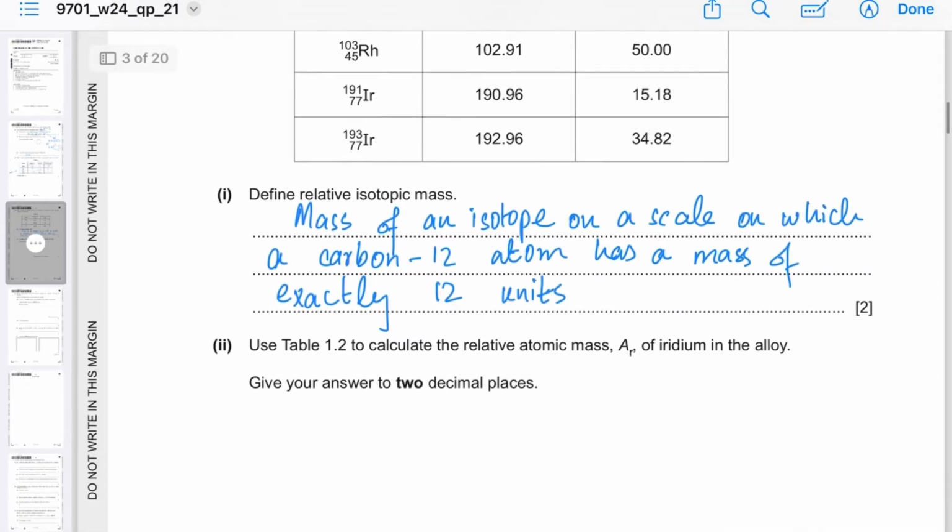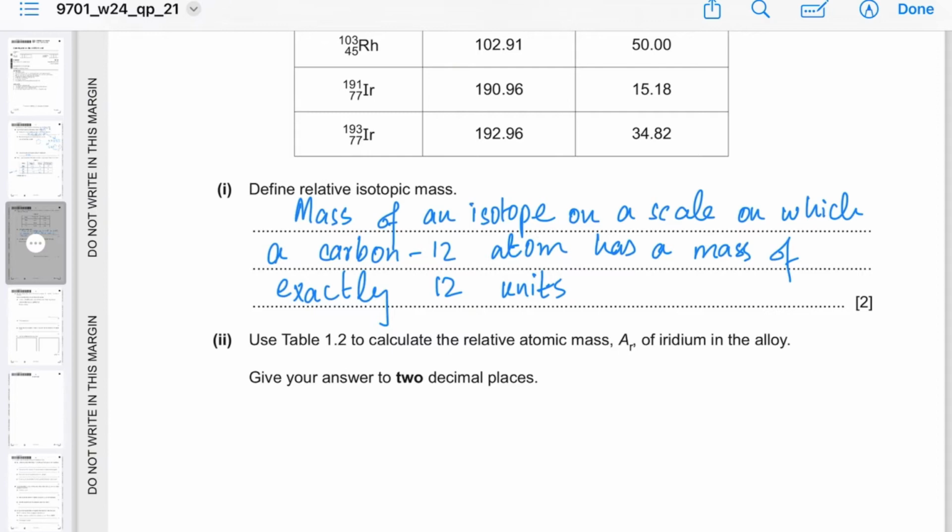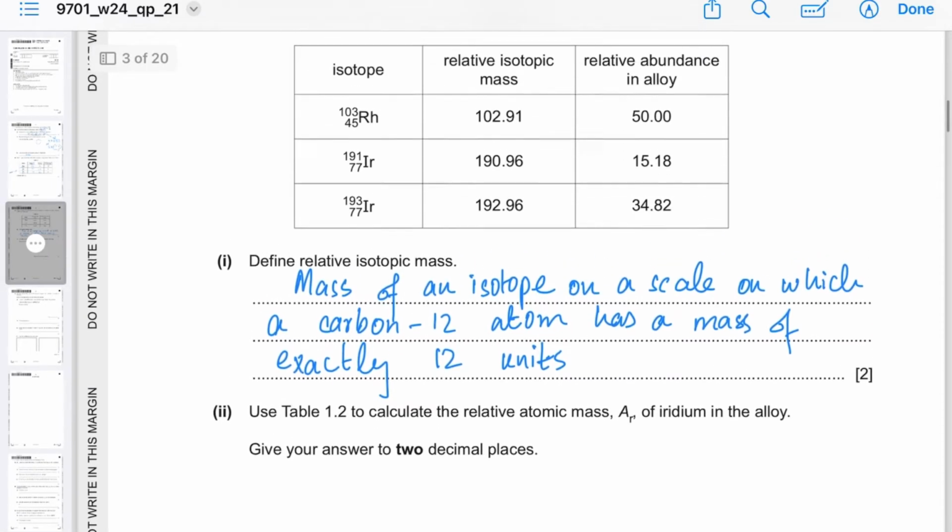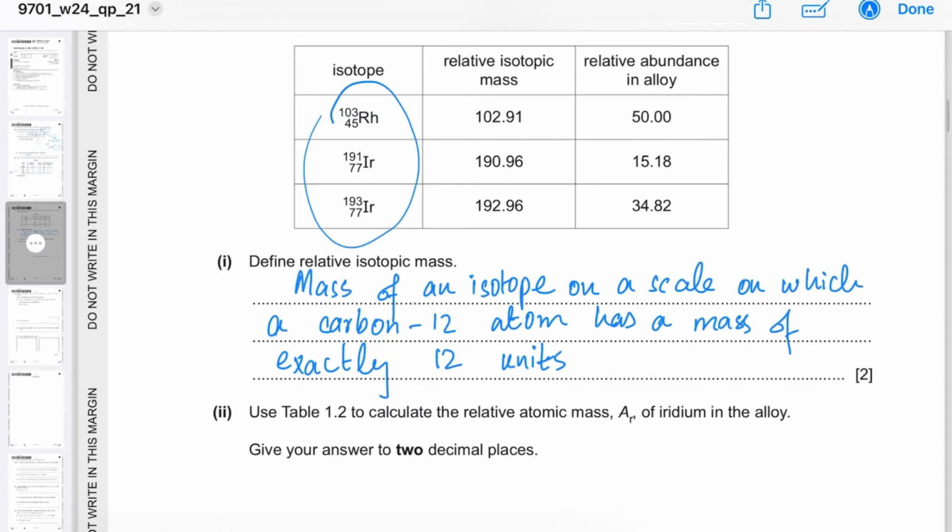Part 2. Use table 1.2 to calculate the relative atomic mass of iridium in the alloy. Give your answer to 2 decimal places. In this alloy you have 3 isotopes, but to calculate this answer you only want to find the relative atomic mass of iridium and not rhodium.